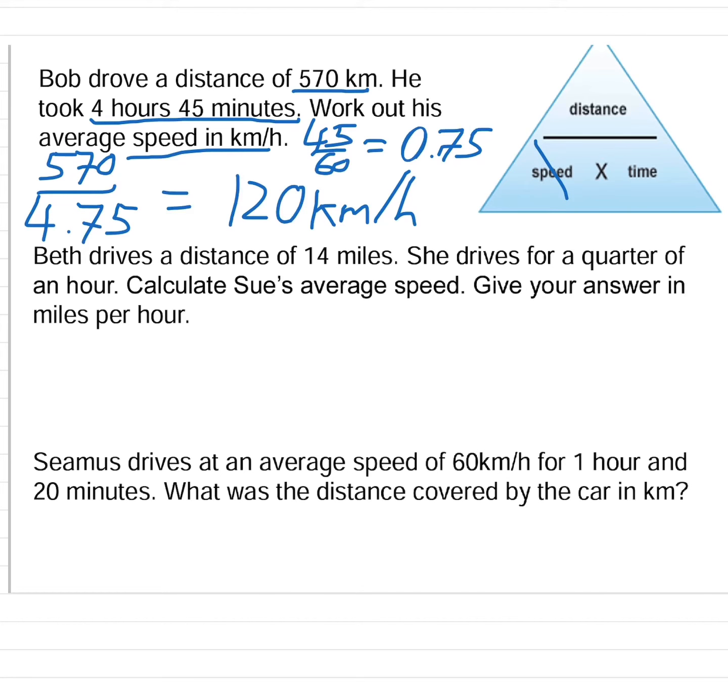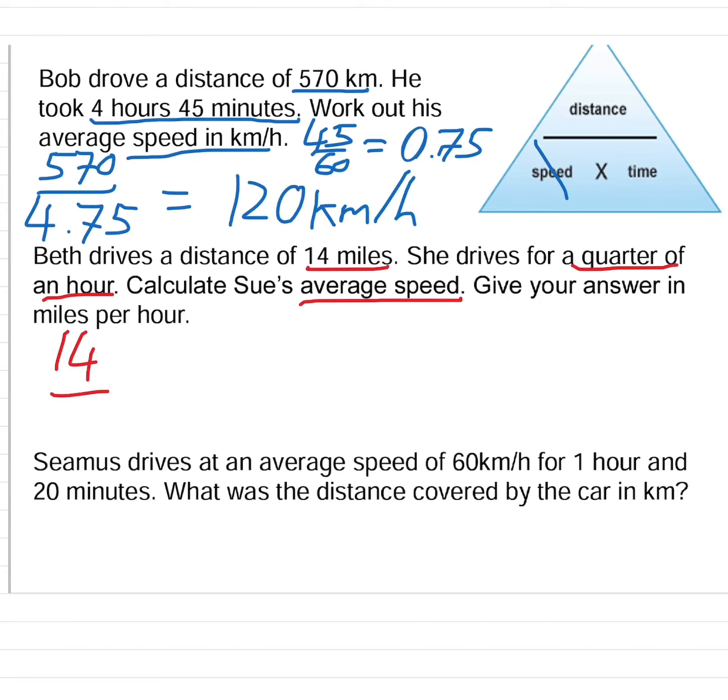Next one then, Beth drives a distance of 14 miles. She drives for a quarter of an hour. Calculate her average speed. So we're looking for speed again here. So it's already crossed off for us, which is good. And so the distance is 14 miles.